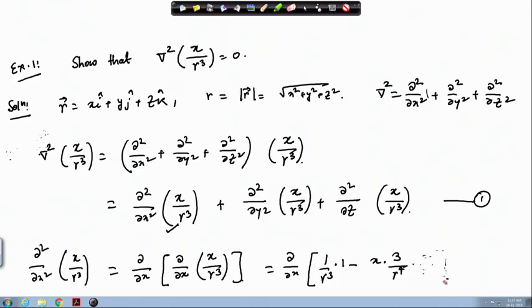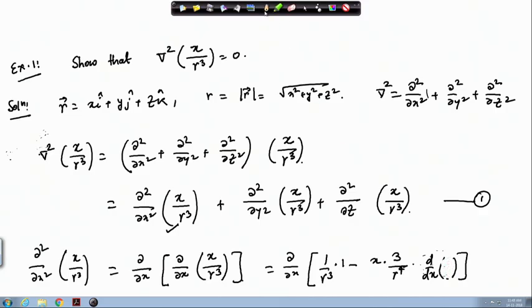Then it will become del by del x of 1 by r, because first we differentiated with respect to r, and then del by del x of r.